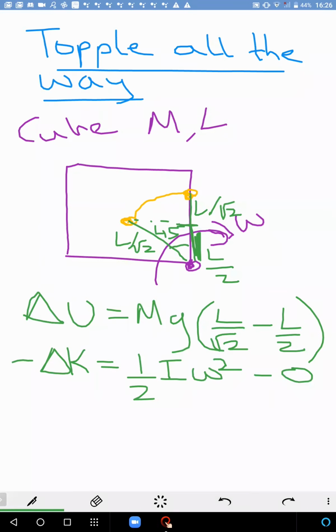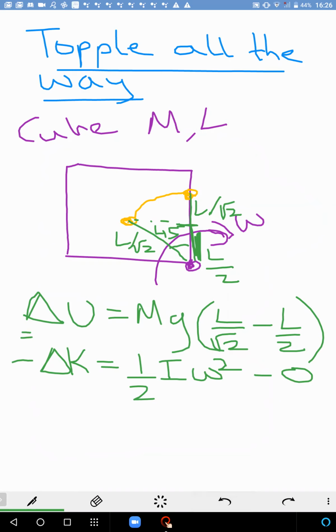So delta U is minus delta K: increase in potential is decrease in kinetic. Substitute. I of the cube through the center is just like a square, ma square by 6, and I hope you guys know that.